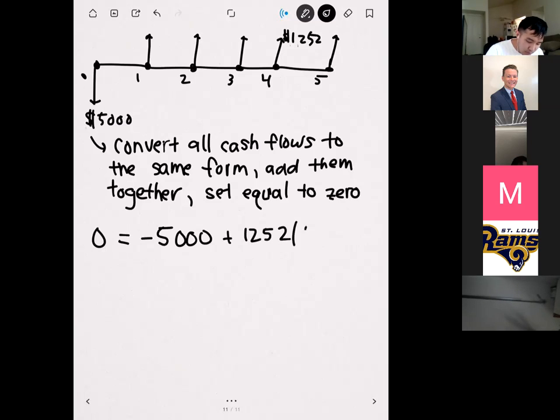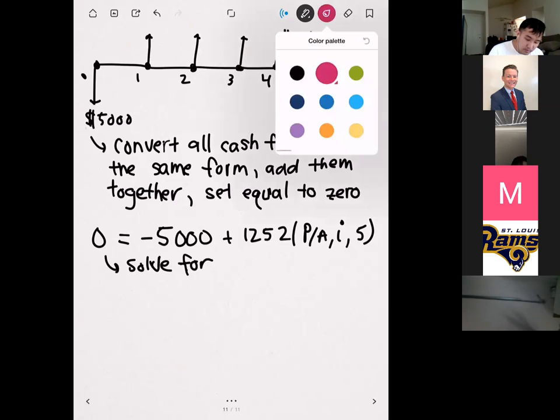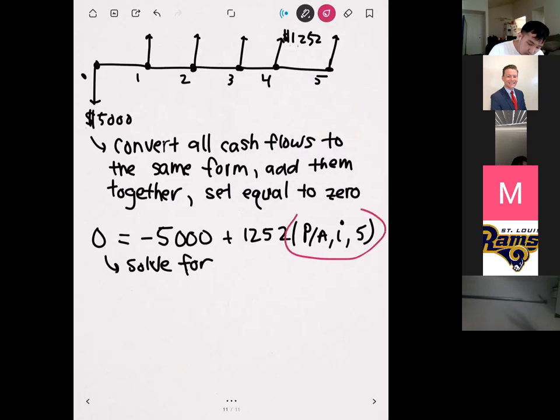And to convert this to present day form, we have P over A. We don't know the interest rate, so we'll leave it as an unknown, and then our time period is 5. And so our only unknown here is this quantity right here. Let's solve for it.